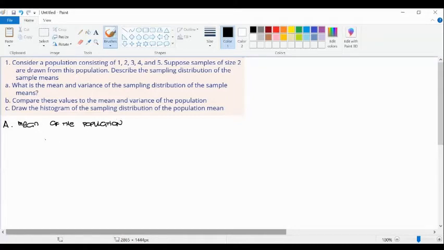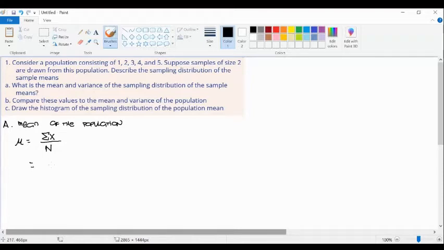The formula for that is mu equals the summation of your population over the total number of outcomes.